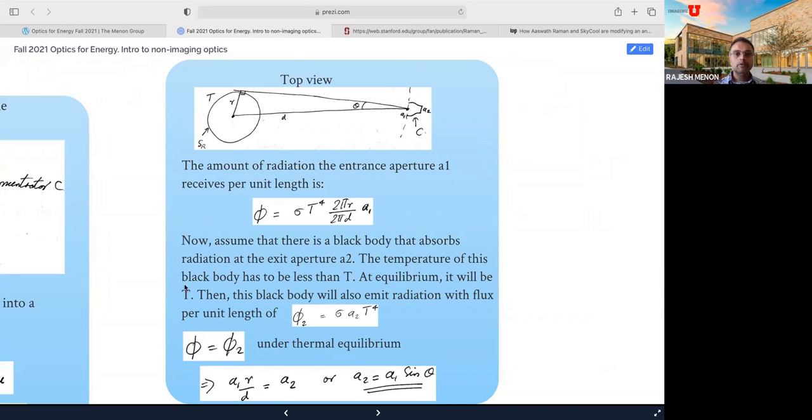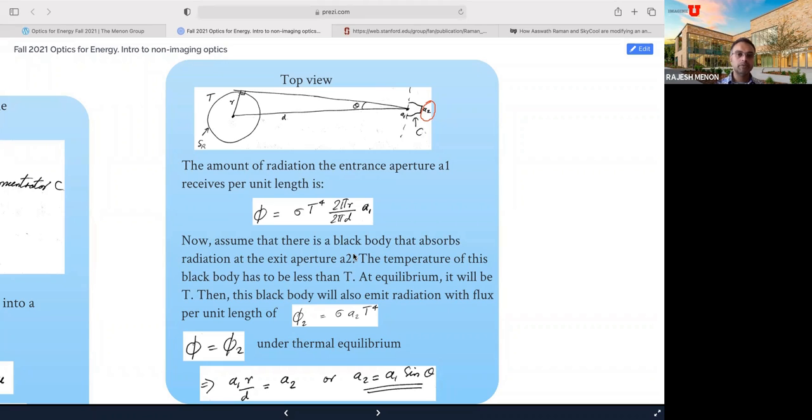Now we're going to assume that at the exit aperture of the CPC, there is a black body whose area is A2, as shown there, and it is also a black body. It's like a solar cell or water heater or some receiver that has to be at a temperature which is less than T, because the only thing it's getting energy from is the source.